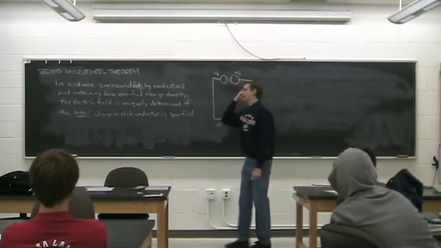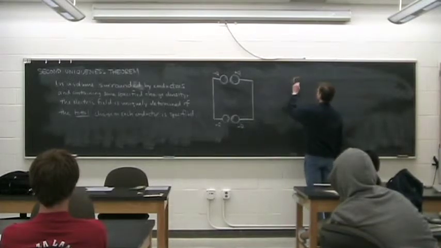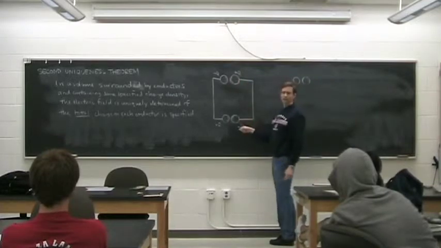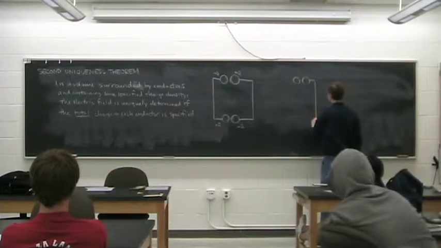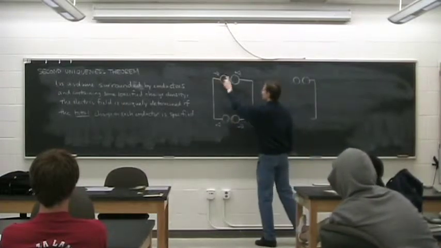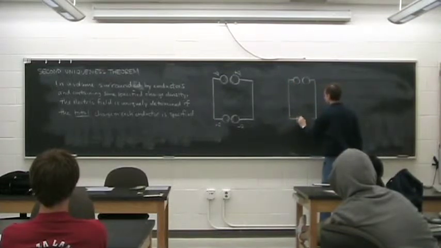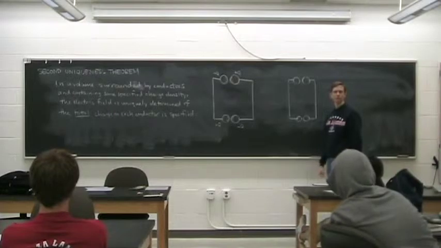Okay? However, here's another possibility. Another possibility is that these charges just neutralize because it's plus Q and minus Q. And these charges just neutralize, plus Q and minus Q. So another possibility after I connect the system with wires is that everything discharges and everything becomes completely electrically neutral.